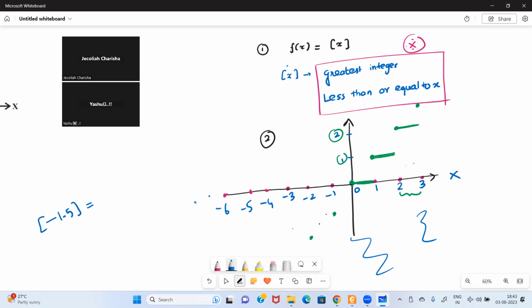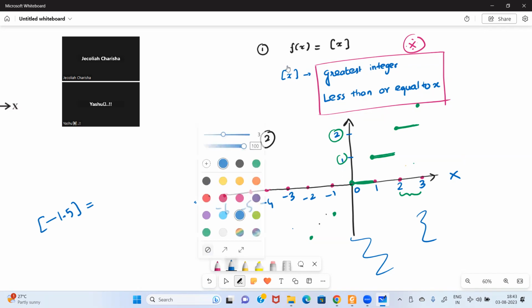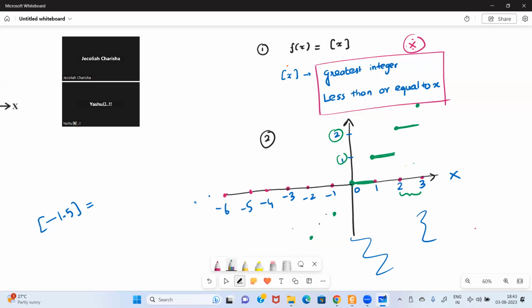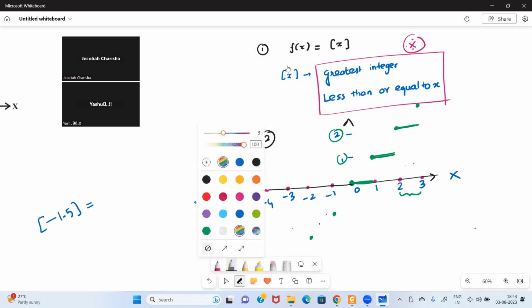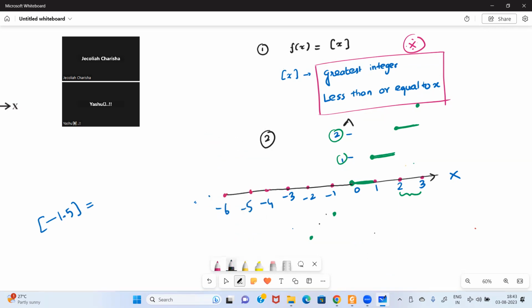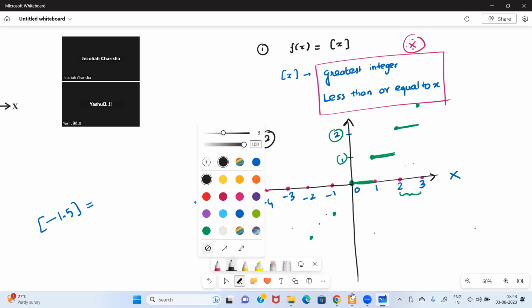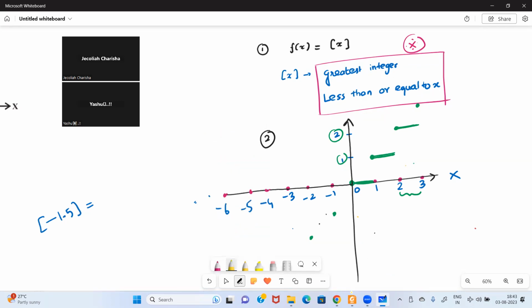First, tell me where I should plot. I should mark minus 1.5. Where should I mark? Between minus 1 and minus 2, sir. Very good. So between minus 1 and minus 2, I should mark that, right? Yes, sir. Somewhere here I am marking. Okay, that is good, Jacolia.